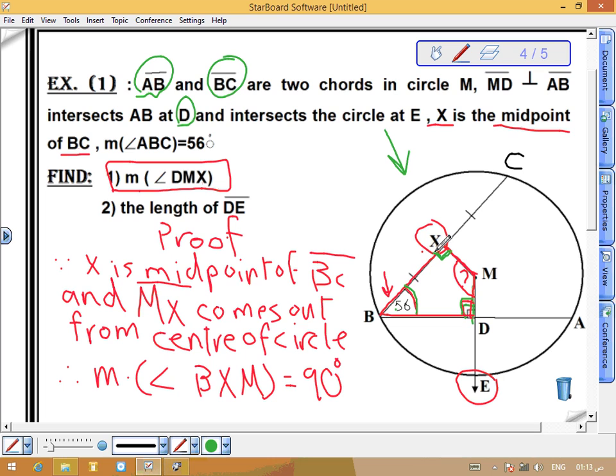The last angle wanted is the measure of angle DMX.